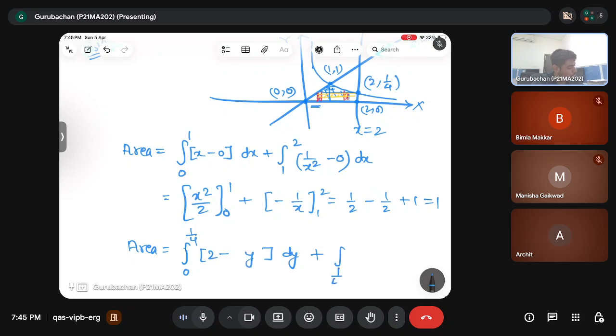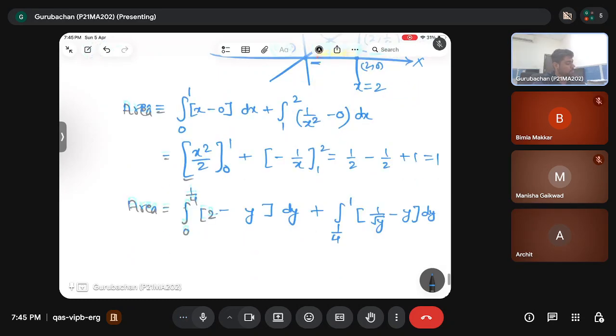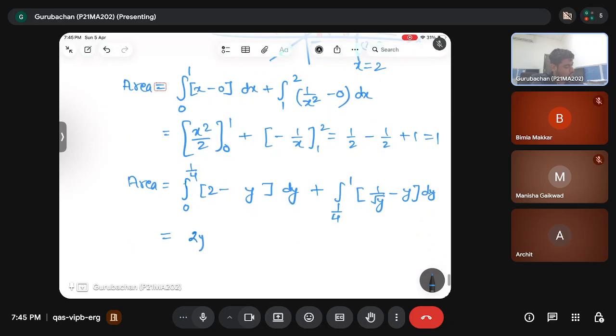When you go from 1 by 4 to 1, the upper curve is root 2y. Check. I think this will be 2y minus y square by 2, 0 to 1 by 4, plus 2 under root y minus y square by 2, 1 by 4 to 1.